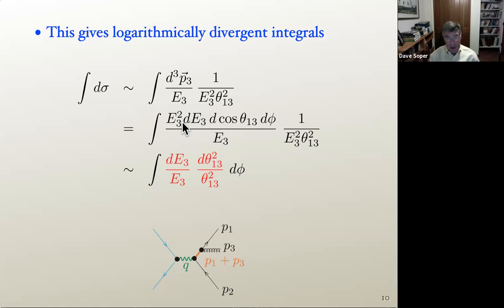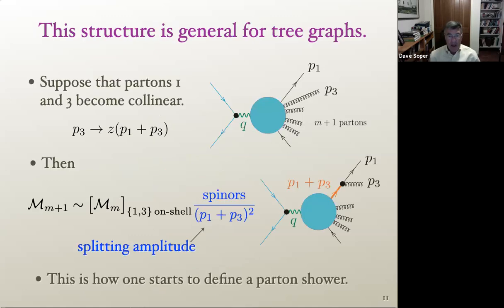So in total, I've got dE3 over E3 and d theta 1,3 squared over theta 1,3 squared. That's the 2 logarithmic divergences that I was telling you about. And you see it's just completely general. It'll happen in lots of places.